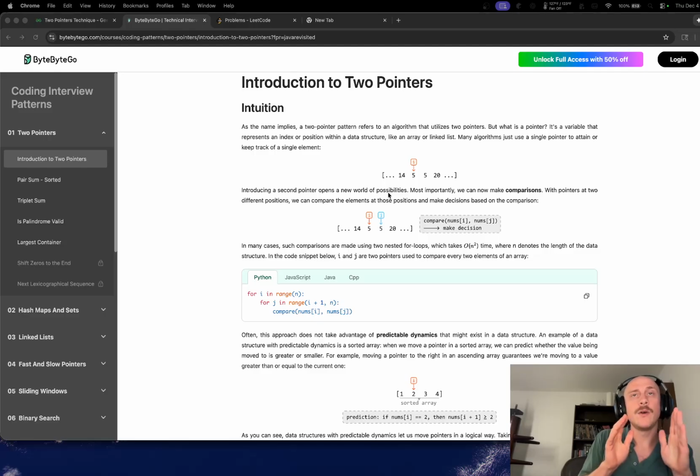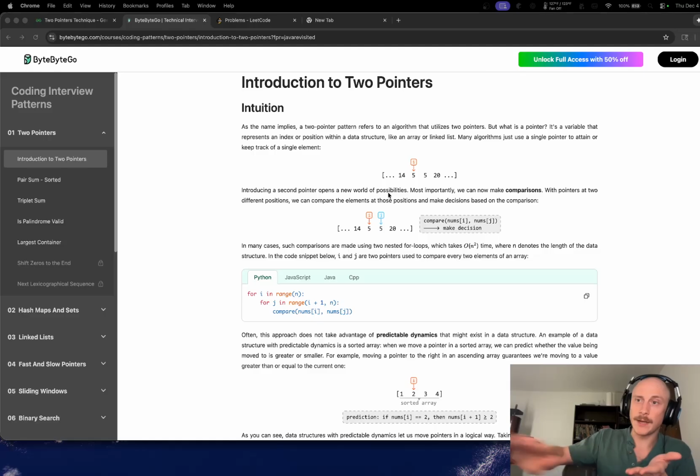O of n to the second power means quadratic growth. For every single item in the first loop, you will perform another loop over the entire length of the array.